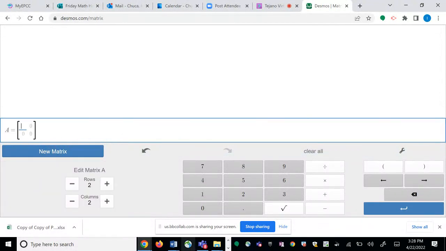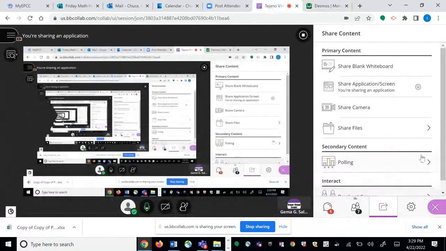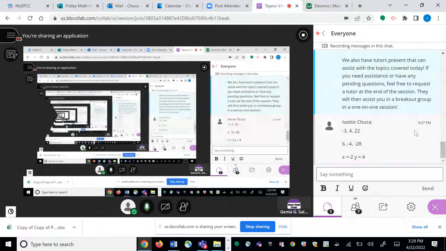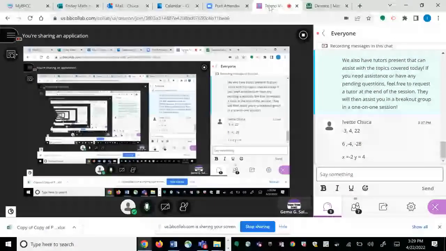So our matrix that we were working with had 2 rows and 3 columns, okay? So you want to make sure here we have 2 rows and 3 columns. And then our numbers, -3, 4, 22.